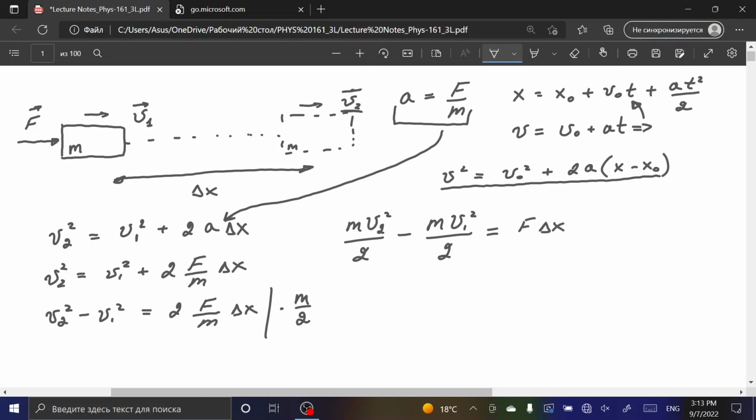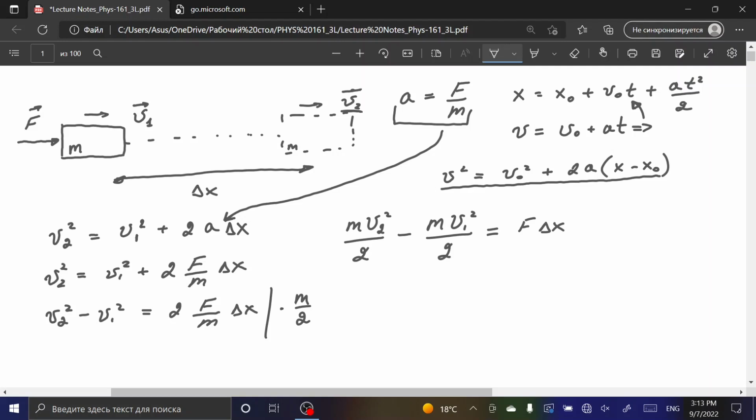So what is this? This is mechanical work, yes, and exactly because we have a displacement vector along a straight line, so it's parallel to the force vector.